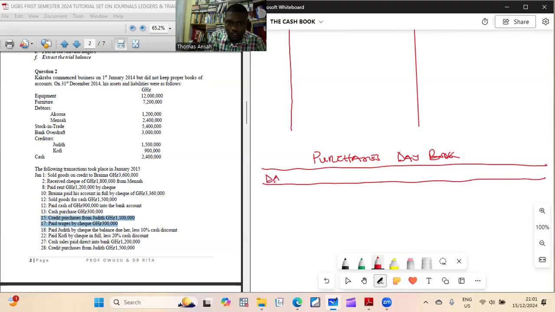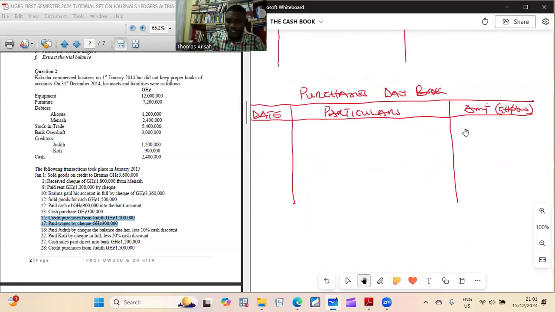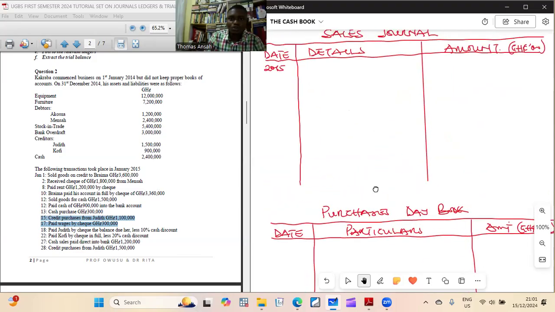So I have my date, I have my particulars, then I have my amount, which I will put in with 3 zeros. So that is that. Some people put particulars and details and they will do some form of calculation there, all right, before they write the figure into the amount. So we have these two.